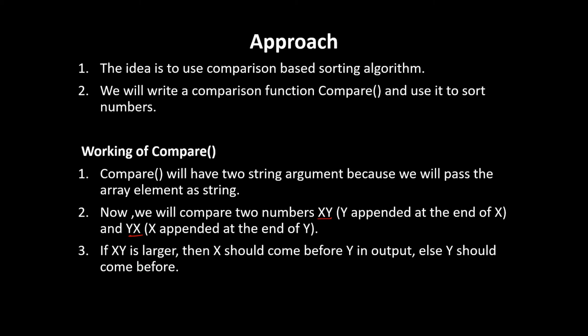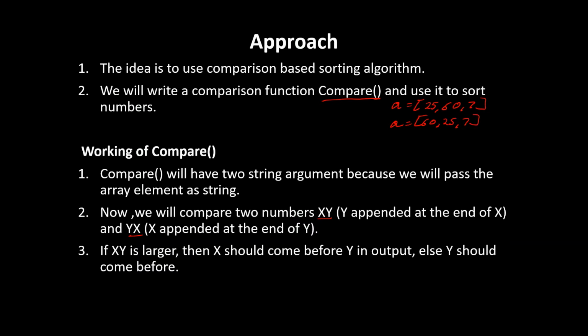So the idea is to use a comparison based sorting algorithm. In this we will write a comparison function, compare, and use it to sort the numbers. So let's see why we can't use the normal sorting function which we already have. Suppose we have an array A consisting of elements 25, 60, 7. If we sort it and reverse it, the array will become 60, 25 and 7.